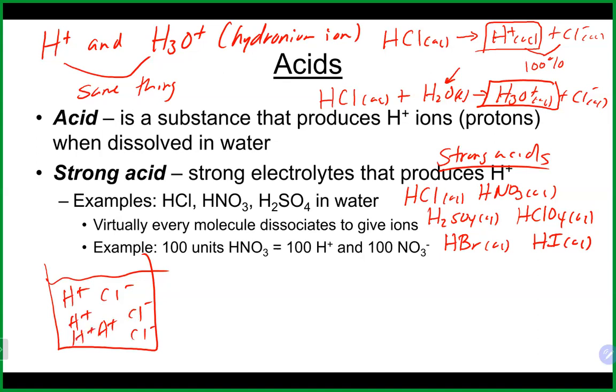You would have none of the HCl units still together. And that's why it's a strong acid, because you can generate a lot of free H+ in that solution really, really quickly. And it will have a big effect, as we'll talk about, on the pH of that solution. It will make it acidic because it has a lot more H+ floating around freely in that solution. Any questions on that?